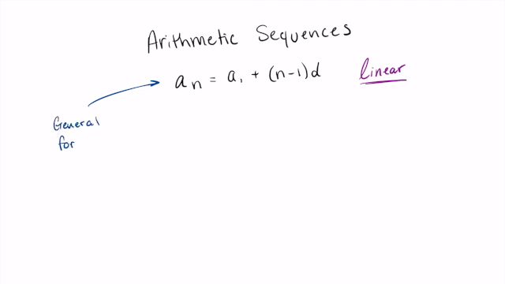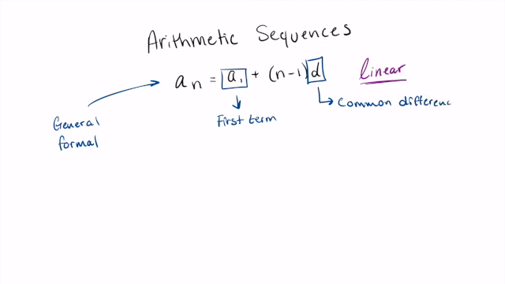I'm going to use my general formula to find any given term within my arithmetic sequence. Depending upon what I'm given, we can use our formula to find either my first term, my common difference, or my value of n, which is simply the term I'm looking for.